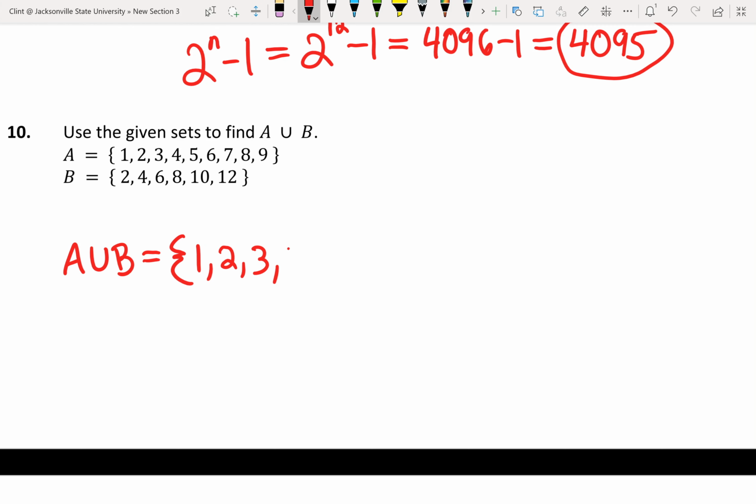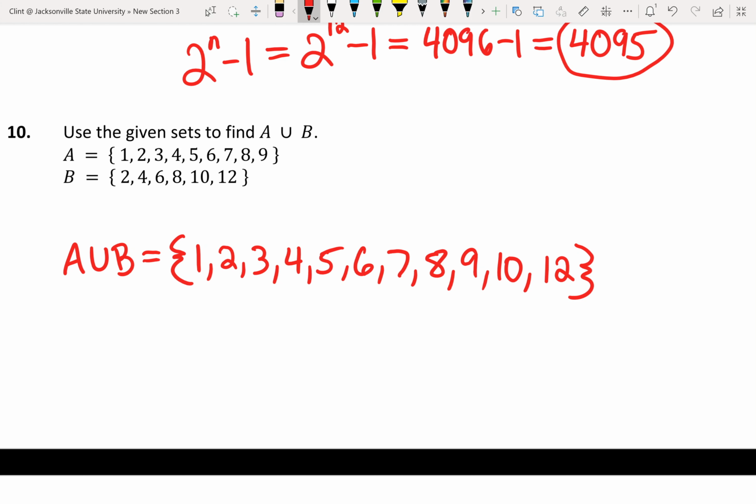And we got 3, 4, 5, 6, 7 is in A, 8's in both, 9 is in A, 10 is in B, and 12 is in B. So we're just combining the two sets together. You don't have to put them down twice. Okay, just having them in there one time is good enough. So the union, we're basically putting the two sets together. Okay, so an element that's in either set will be in the union.